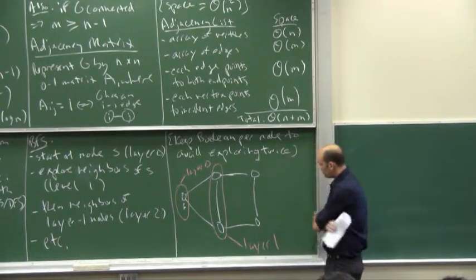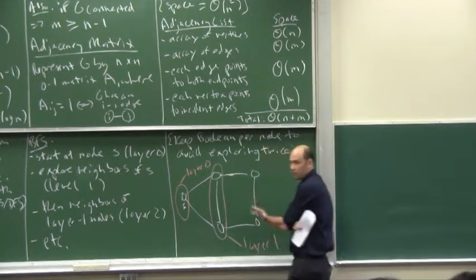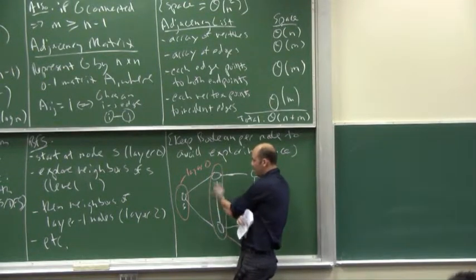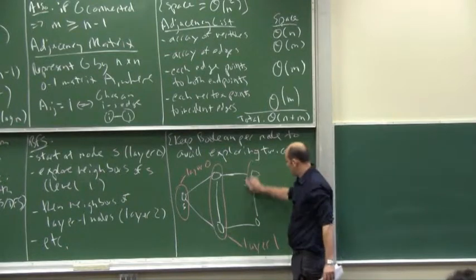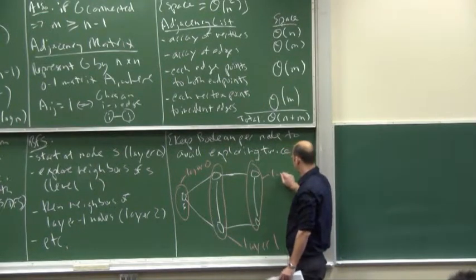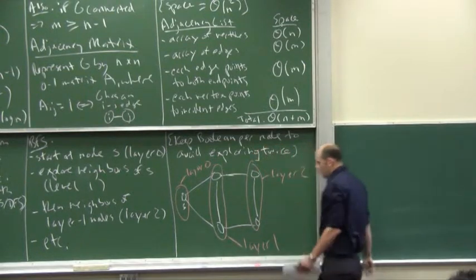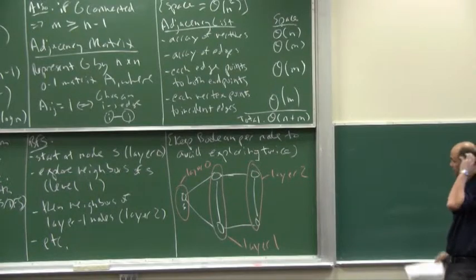Now you explore on from here, and again, you don't explore anything twice, so you wouldn't go back and explore S, which is a neighbor of this layer 1. You would explore the not yet visited ones, so this would be layer 2. So that's the cartoon of how breadth first search works.